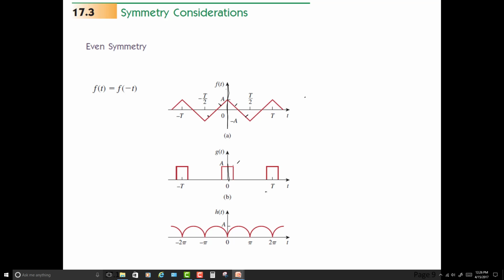So this point equals that point, and this point equals that point. So all of this obeys the even symmetry formula. Not quite as easy to see that there's a cosine wrapped up in this. I just suggested this in the first picture because as we discuss even symmetry, we shouldn't be surprised if we find out that it's rich in cosines.